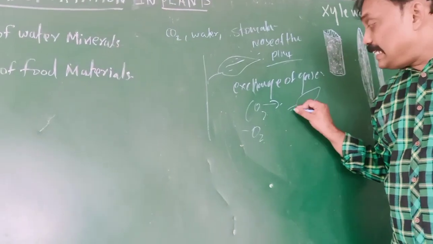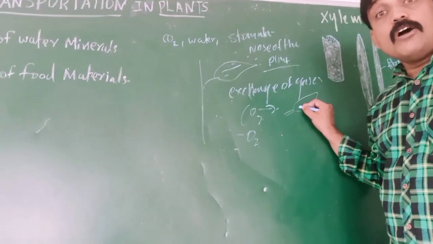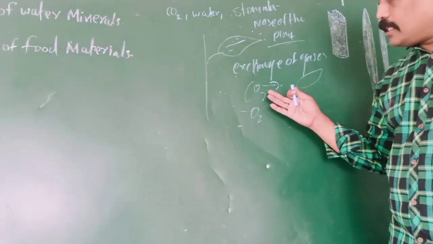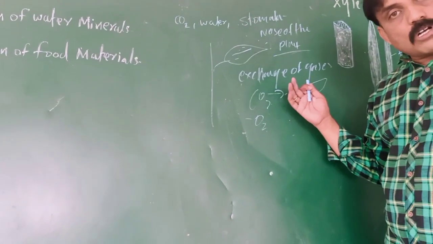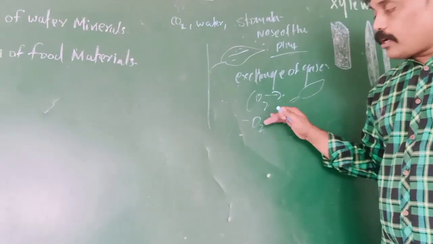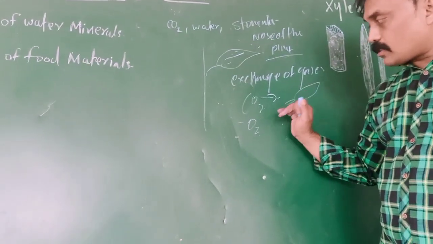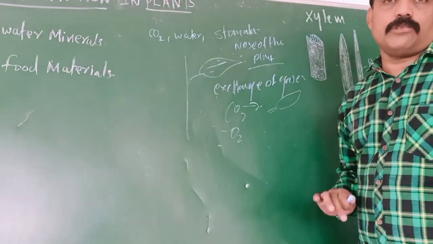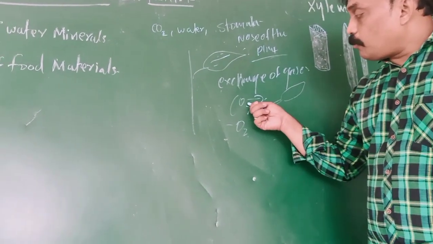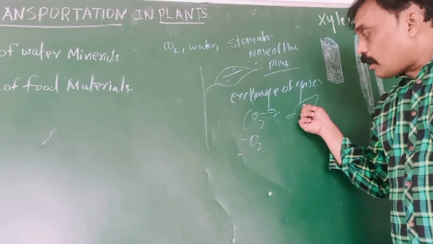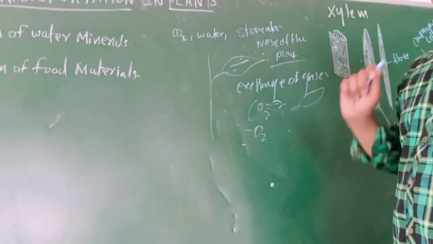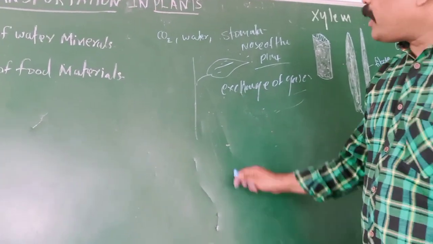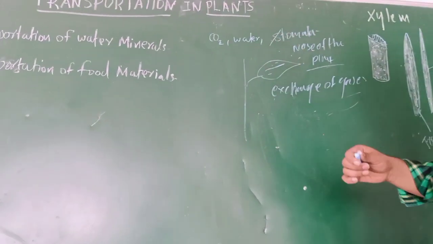But at night time, they release carbon dioxide, quite the opposite. In the morning they release oxygen and absorb carbon dioxide, which is utilized in the process of photosynthesis. So the exchange of gases occurs through stomata, the part useful for exchange of gases in plants.